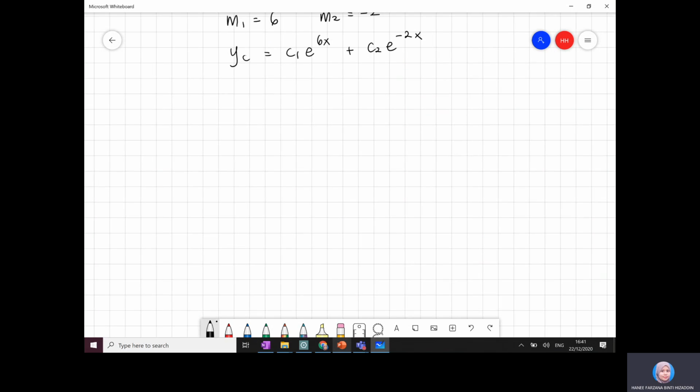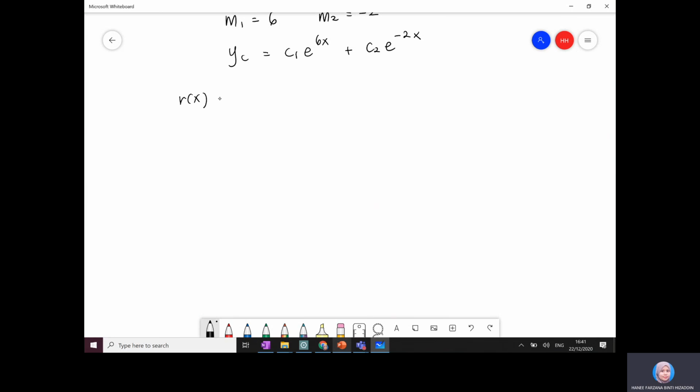Okay, now work on the right hand side. So your R(x) is x e^4x. So compare that with the general form of R(x), Pn(x). So your alpha is 1 and your n is 1. So your yp is thus A times e^4x times a polynomial of degree 1.